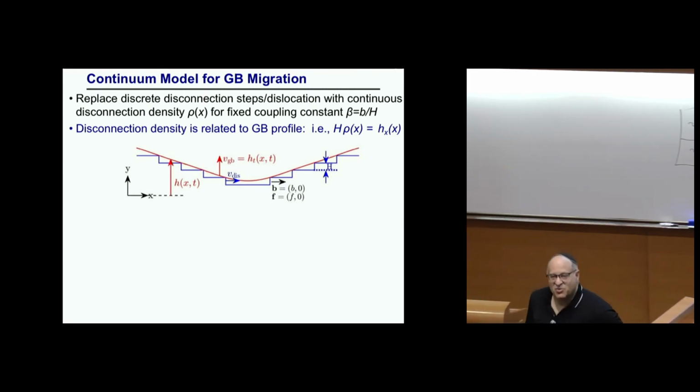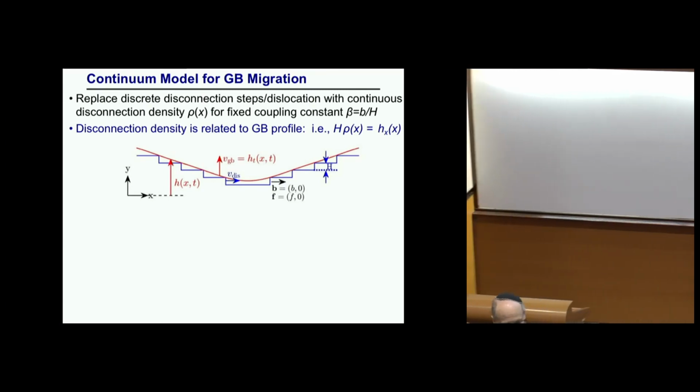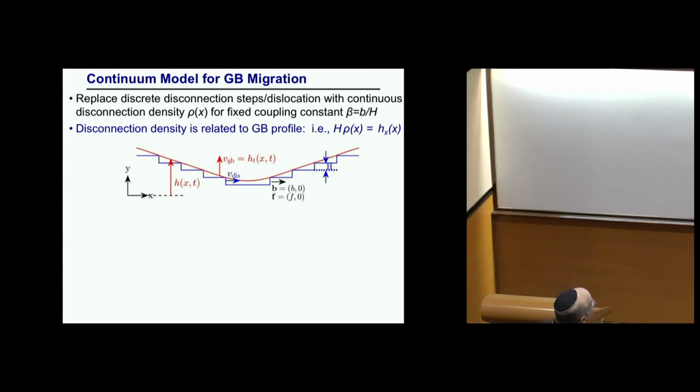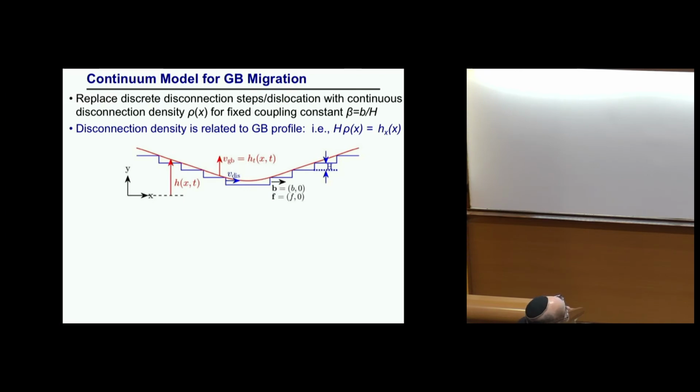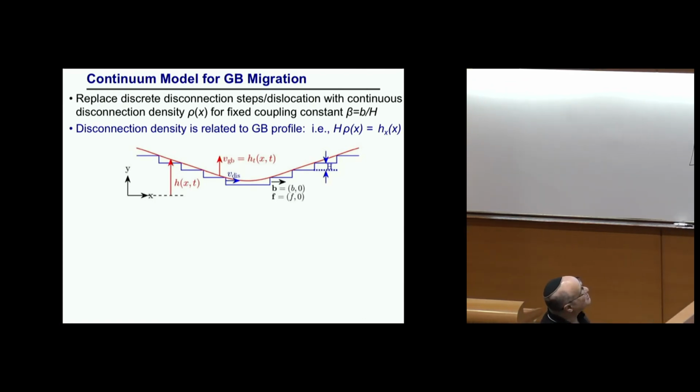So let's do this. We're going to try to homogenize this in the following way. If a microscopic view is I have all these steps here, and by the way, this is the same way people do equations of motion for surfaces, and if I know what the density of steps is, then I know the slope.